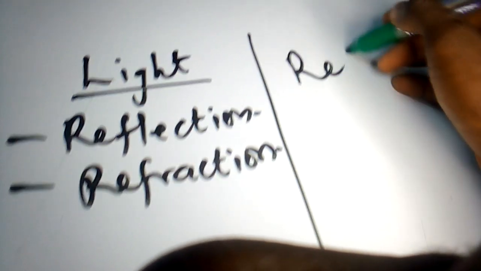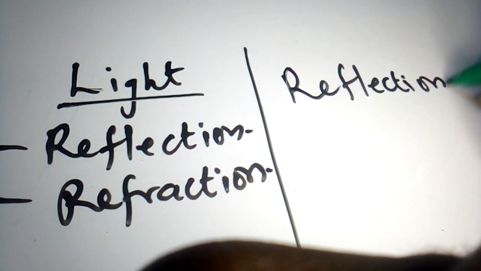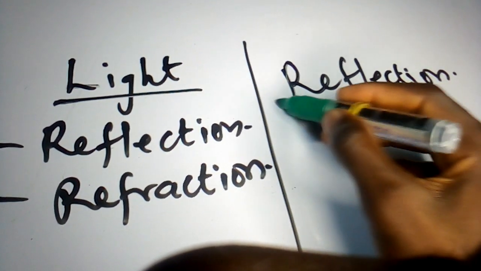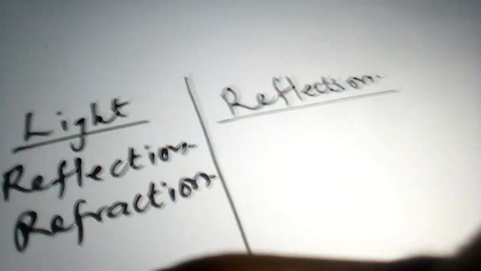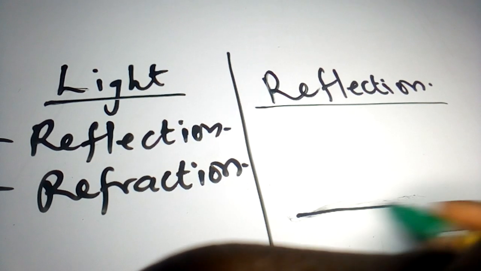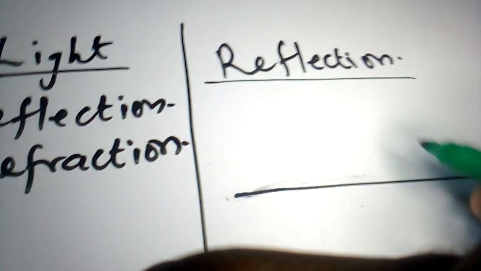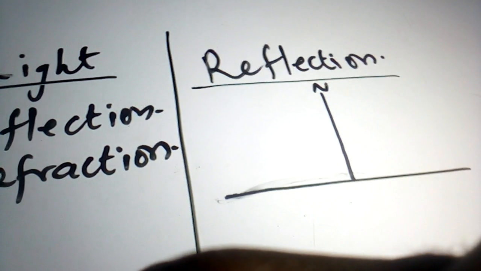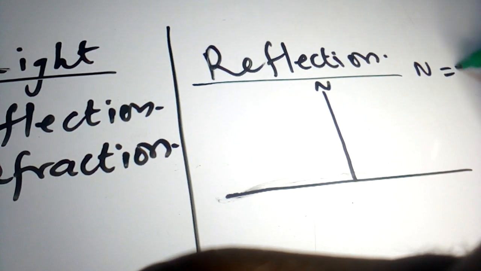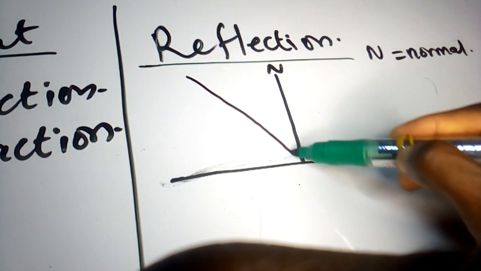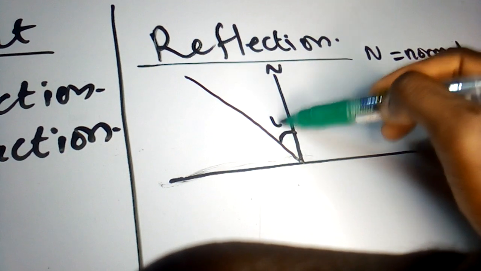So reflection is the repropagation of light when it encounters a reflecting surface or a reflecting obstacle. Let's take for instance, you have this line as a reflecting surface. For every reflecting surface, there must be a line that represents the normal, N. N is called the normal, which must be drawn on any reflective surface. Now the ray of light travels at an angle to the normal, so we call that the angle of incidence.